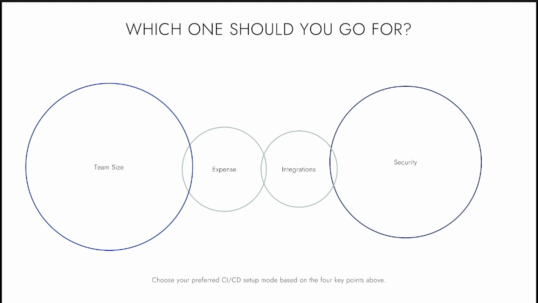And finally, security. In a traditional CI/CD environment, your team is responsible for managing security, keeping the system up to date, managing security of the host operating system, and also the software that you run on it. And this can become overwhelming if you have a small team, because you have to constantly keep track of security changes, CVEs, and continually update your server to always be up to standard.